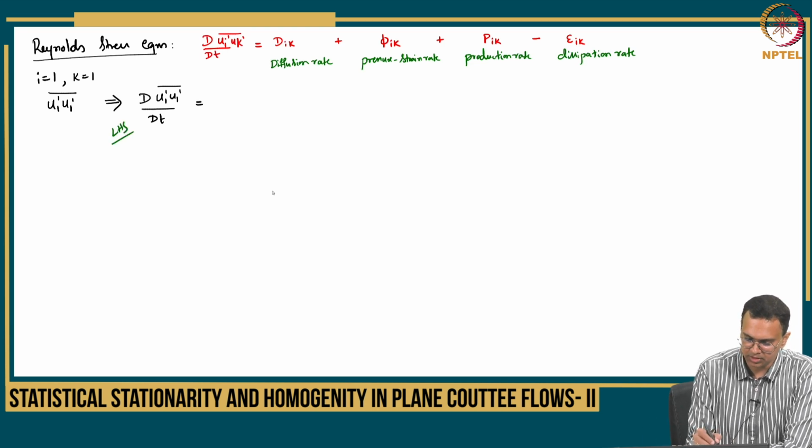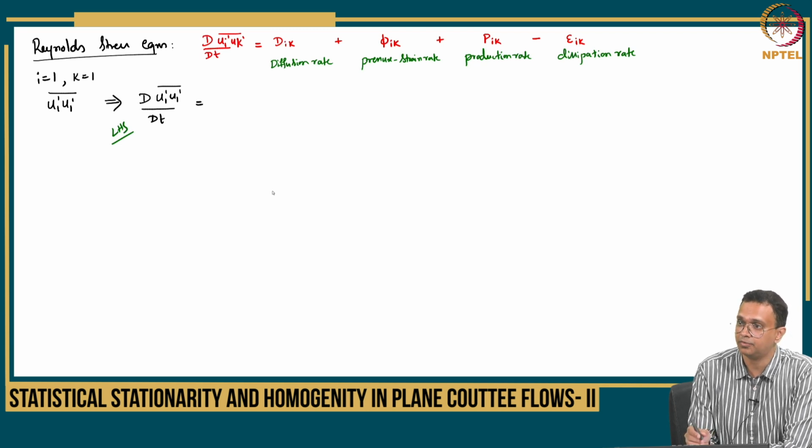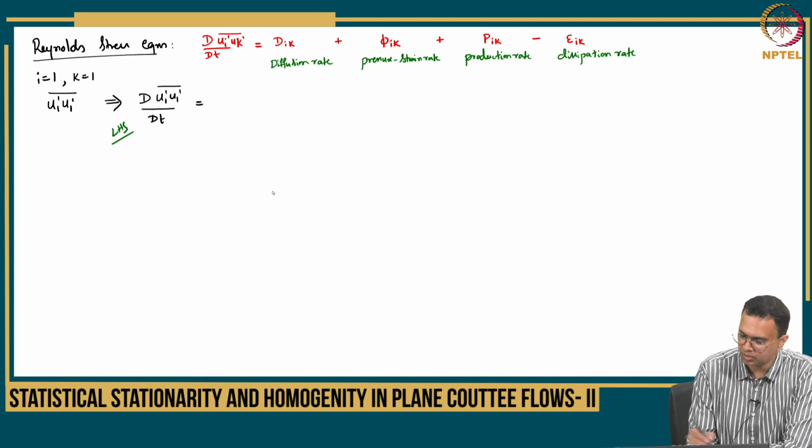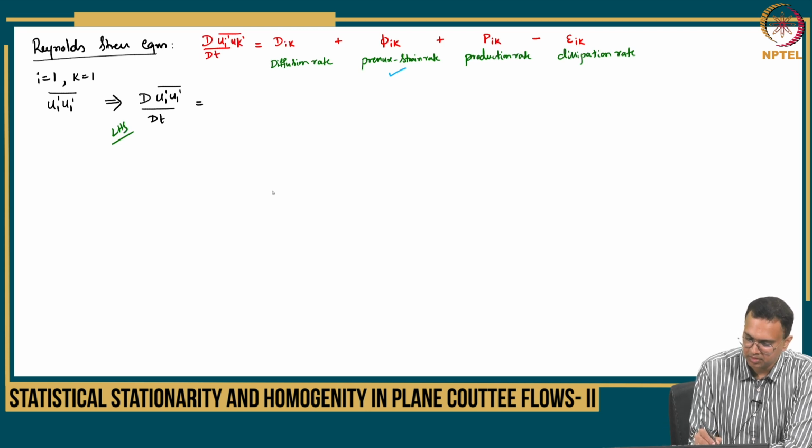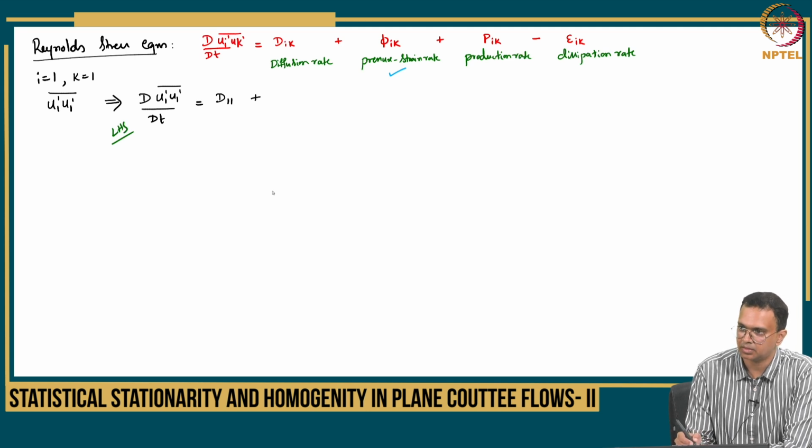I am not worried about this. I am not worried about the diffusion rate also, because I will tell you why I call it diffusion rate later. We are only focusing on the pressure strain rate term now. So this will be D11 plus I have this phi 11.